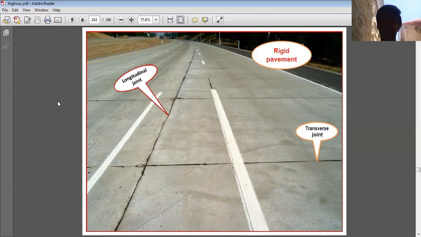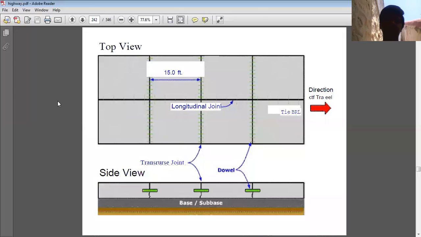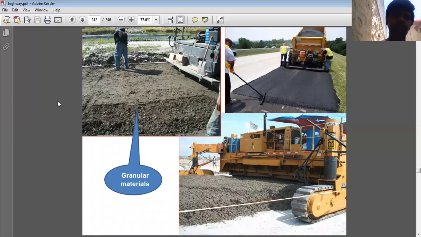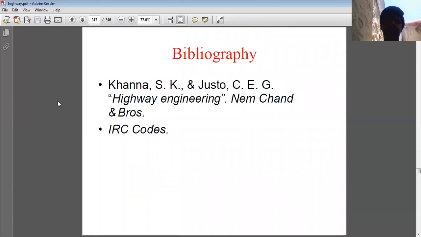Transverse means cross. The distance between transverse joints is 15 feet. The typical diagram shows the longitudinal joints and transverse joints. Granular materials, different granular materials, in small thickness are provided. Refer to the textbook by Khanna and Justo and the IRC codes.